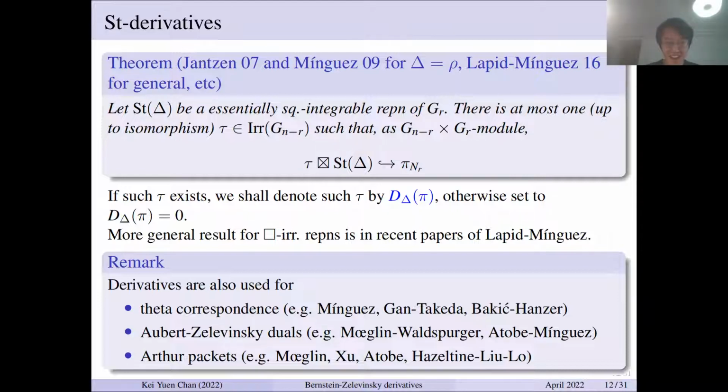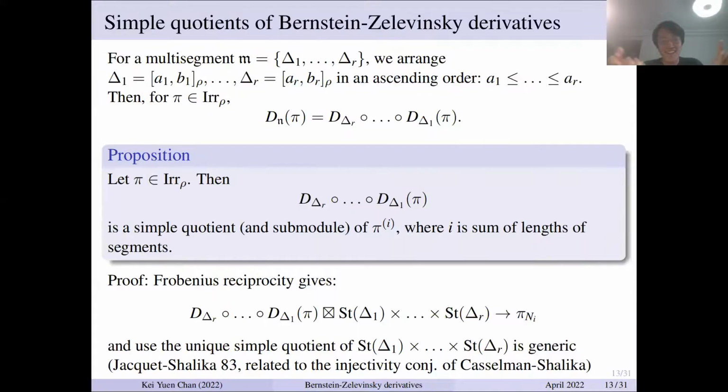Okay, so now we will try to compute those derivative things. But we will need to arrange in a certain ordering. Just like you do the standard module, you need to do some ordering to make the standard module good enough to have the unique quotient. So then just consider the multi-segment.